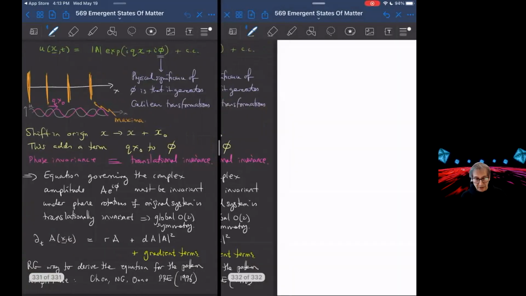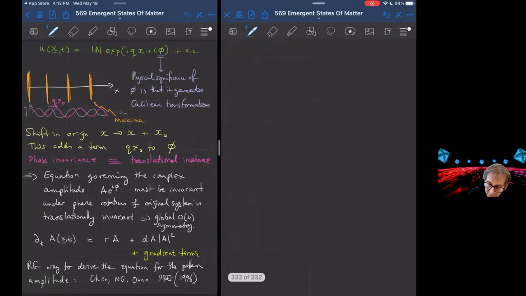Anyway, we're not going to do that. What we're going to do here is use a simple heuristic argument. There are singular perturbation theory methods which are perfectly good, but exceedingly complicated, as complicated, if not more so, than the renormalization group. And so I'm just going to use this heuristic method.